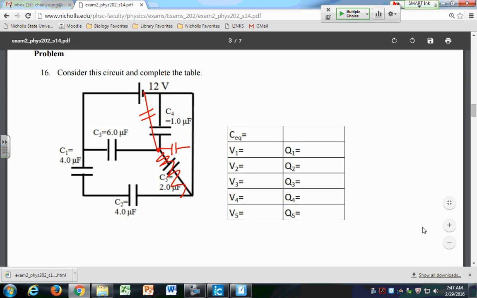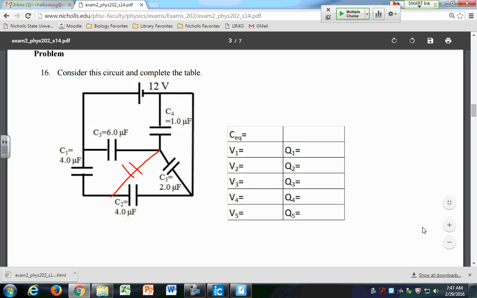That would not be appropriate because I would have crossed a junction at this point. And I also could not draw it, get rid of all this. I'm going to redraw the whole circuit in just a second. I also could not redraw it like this because then I would have taken this portion of the circuit and crossed over C2.